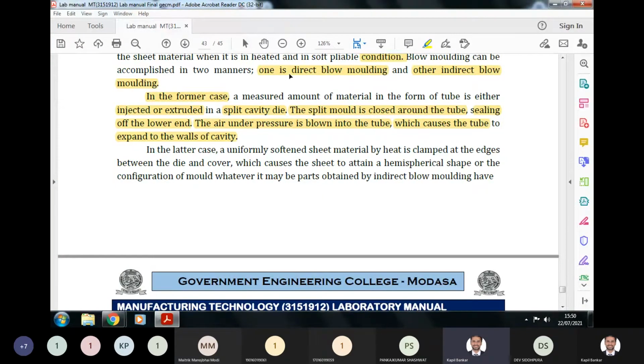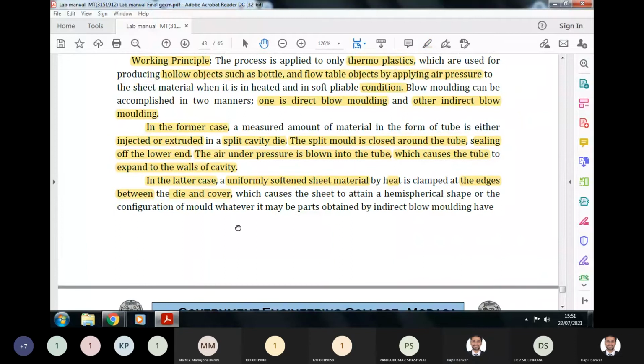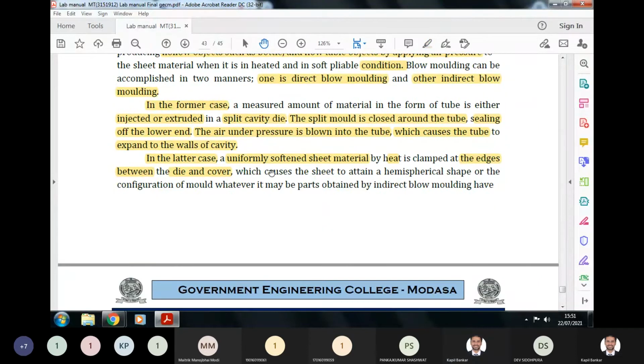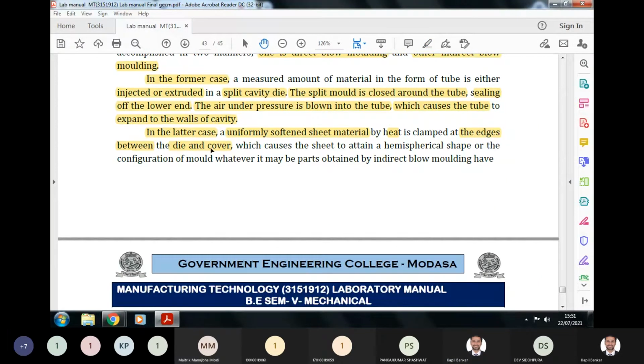Now the second case is known as the indirect blow molding process. In this, a uniformly softened sheet material, heated, is clamped at the edge between the die and the cover, which causes the sheet to attain a hemispherical shape.